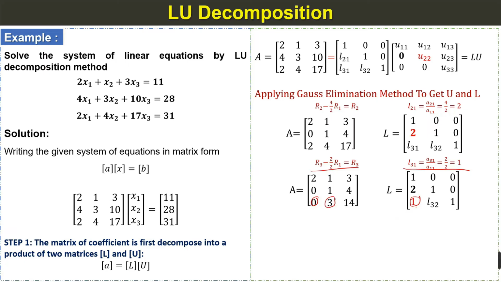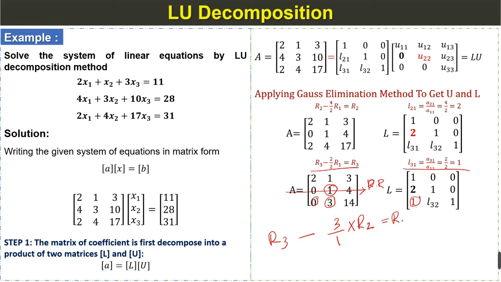Now we eliminate this term, and in this scenario this is the pivot row, and this is the pivot element. So we multiply the pivot row by 3 divided by 1 and subtract it from R3.